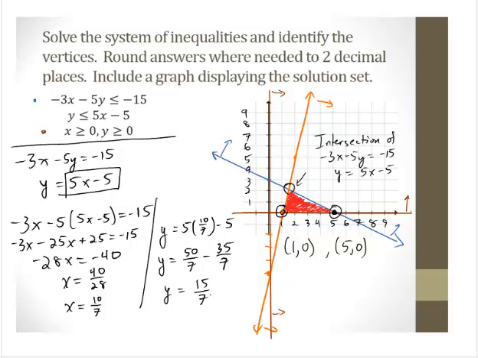So the vertices are (1, 0), (5, 0), and (10/7, 15/7). Now it did say round answers where needed to 2 decimal places, so we could round those. 10 sevenths is 1.43. 15 sevenths is 2.14.